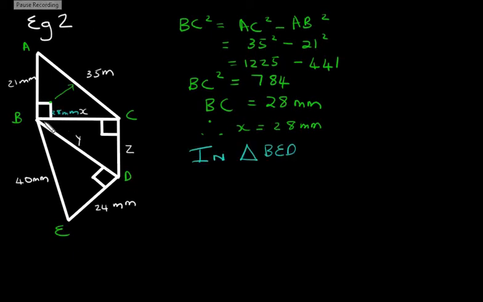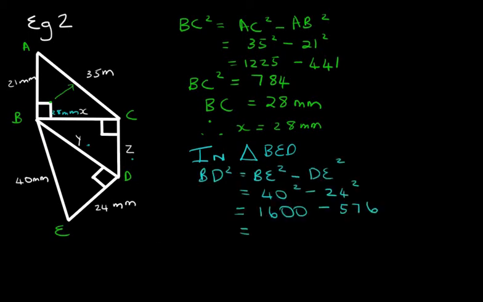Let's continue. We found X, but can we find Y and can we find Z? No, we can't, because if we look at triangle BCD, we still have two unknowns. However, we can solve triangle BED by finding BD. So let's do that. So let's look at triangle BED.